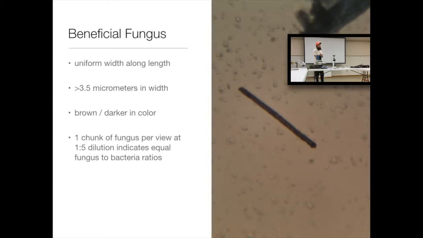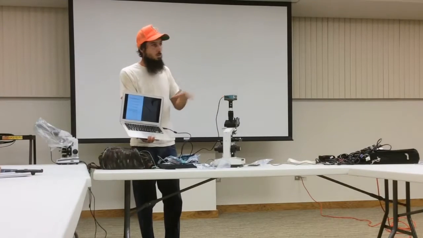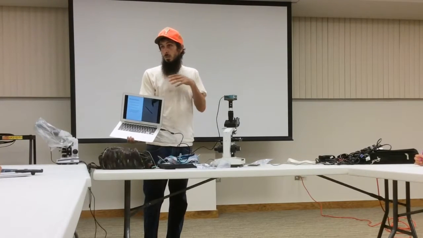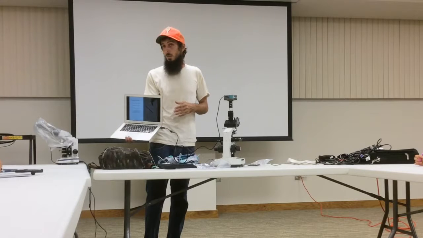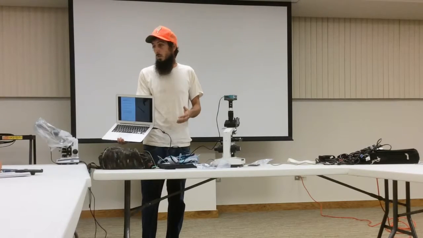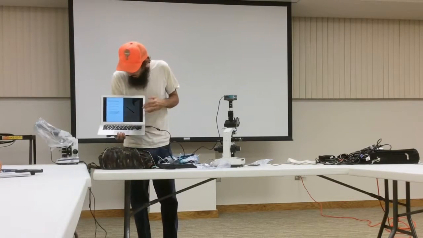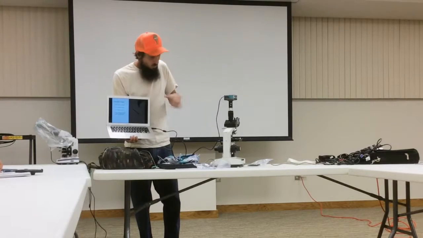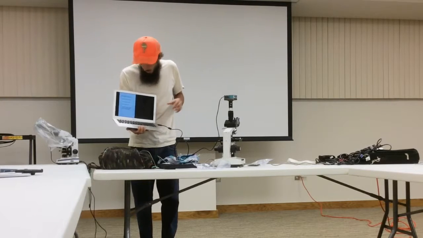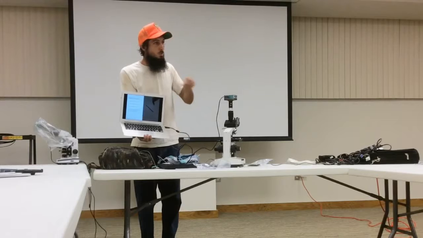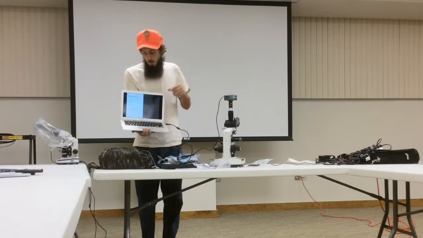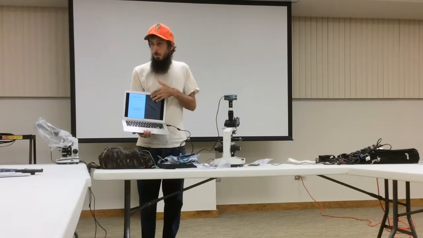So these are the guys that restore oxygen back to the soil, and this is what I'm most focused on, is beneficial fungus. And when I'm looking through the microscope, that's what I'm trying to see to determine the health of my soil, determine if my inputs are working. So beneficial fungus are parallel tubes in the soil, and they're darker brown in color.